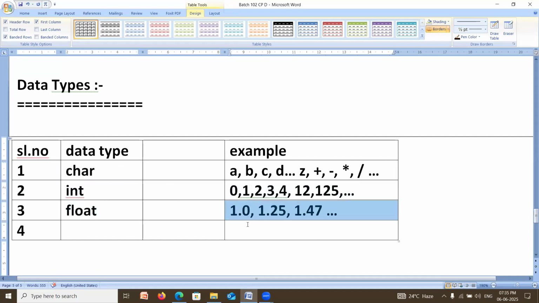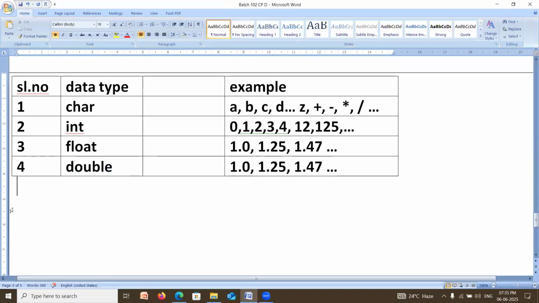The same numbers we can call double also. Double. Now you may get one doubt. Sir, what is the difference between float and double? Both are the same. It is also float, it is also double. Now how to understand whether it is float or double? I will give two examples.